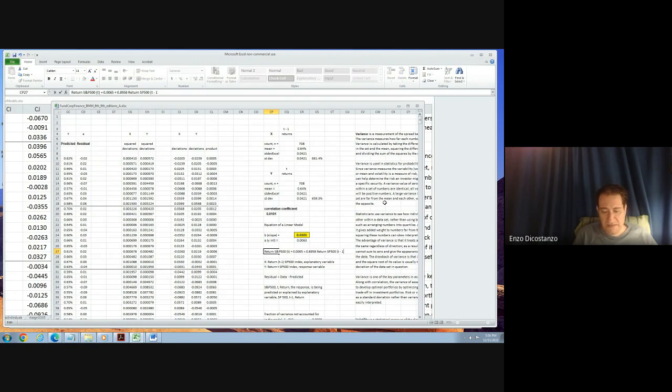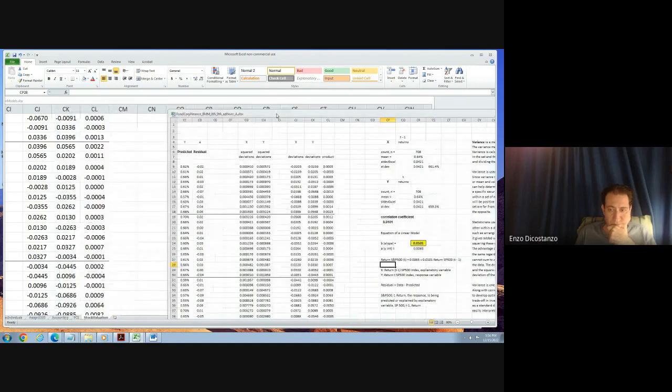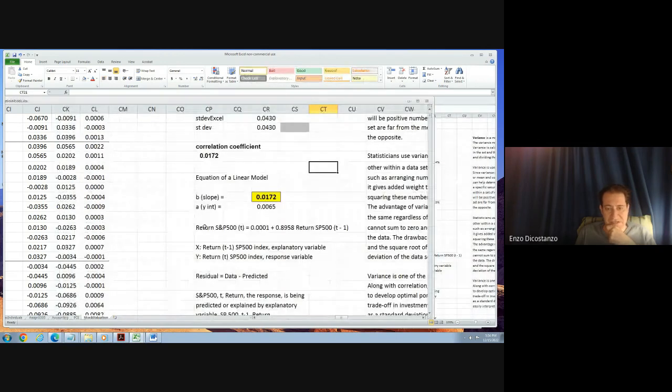Yes, even that needed a change. Okay, so this is going to be 50172.